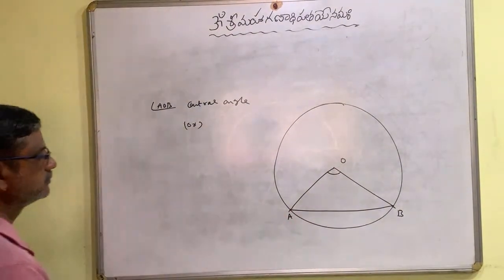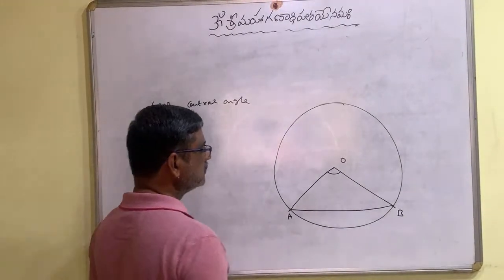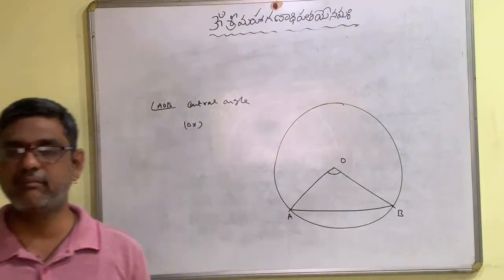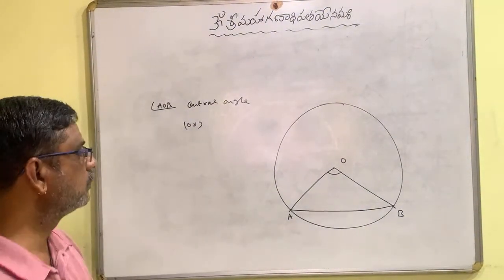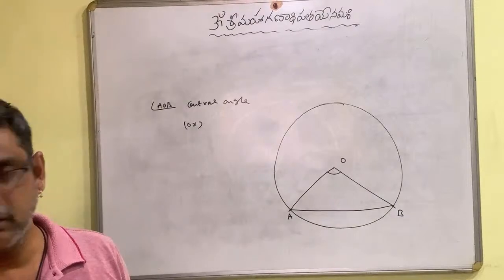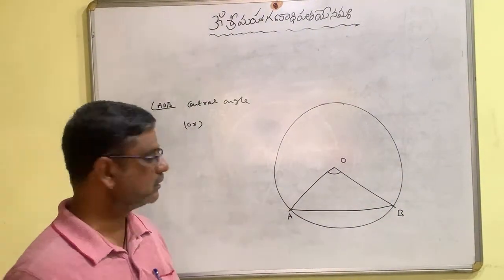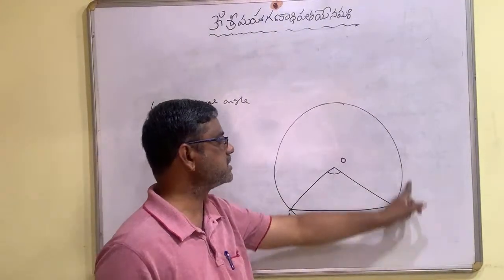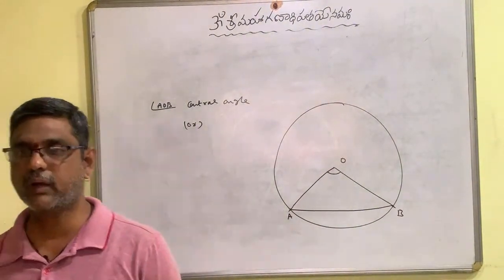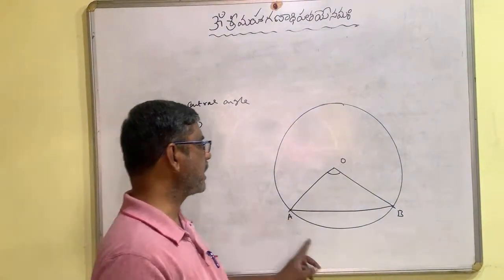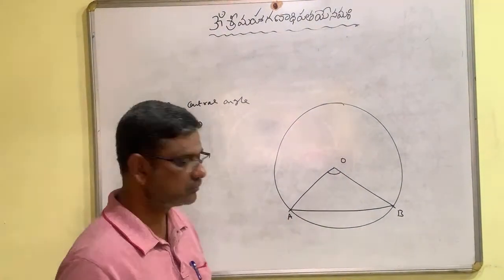Right. Now, this chord AB is dividing the circle into two parts. One is the minor arc, the other one is the major arc.